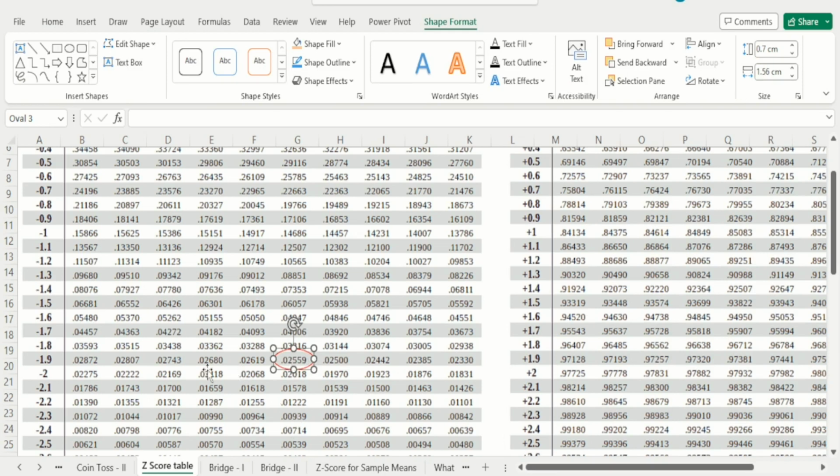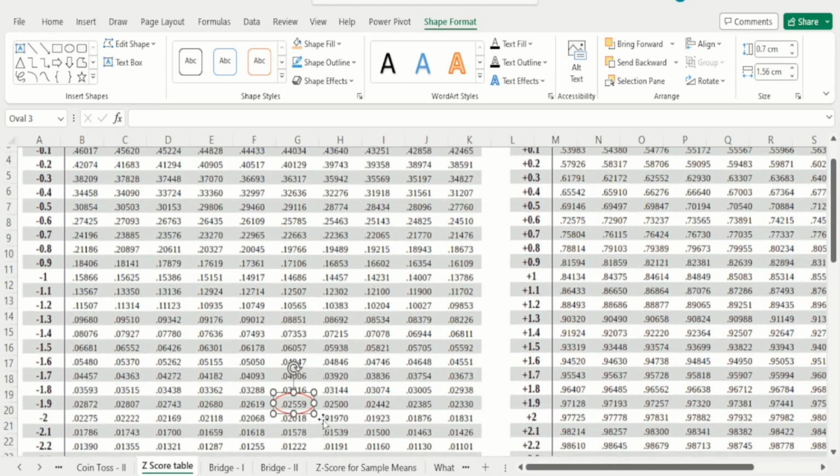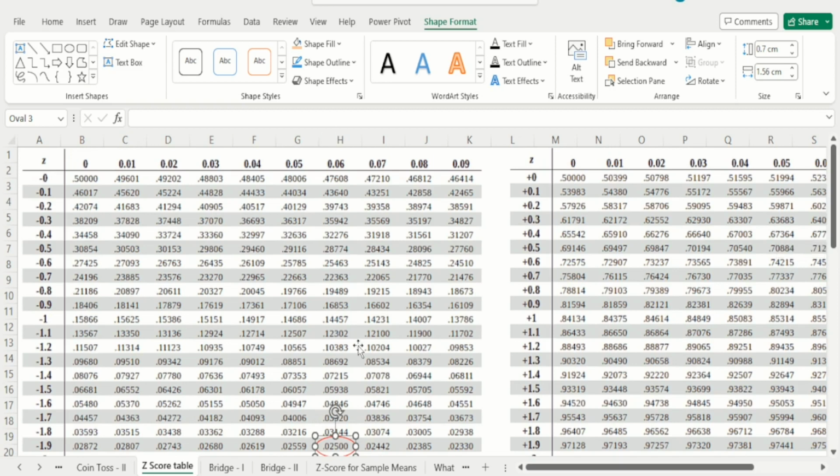Now this 0.025 is at 1.9 in terms of, so remember we're looking up the z-score, right? In fact, this is a closer value, 0.0250. This is an exact value. So this value is 1.96, minus 1.96 on the z-score.